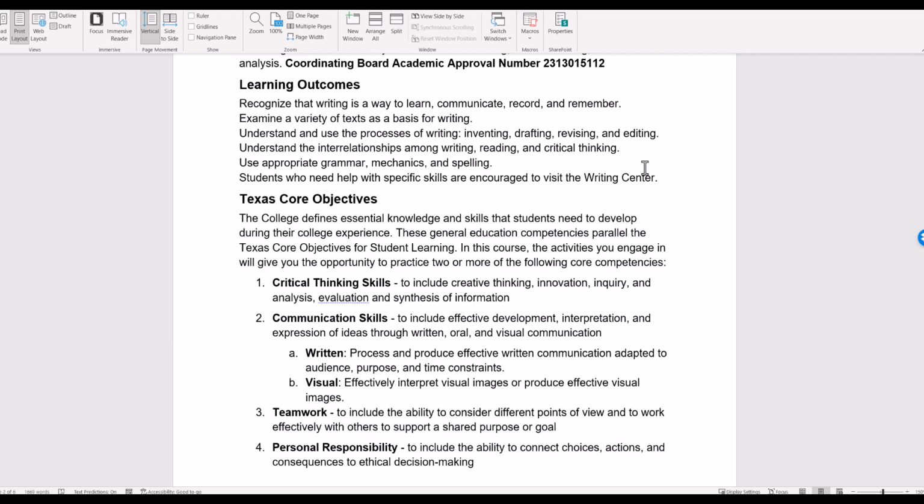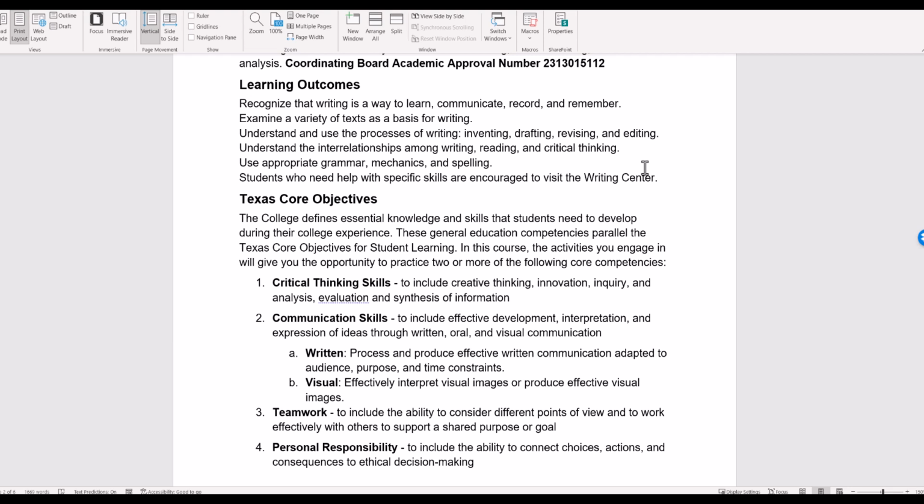We learn to understand the interrelationships among writing, reading, and critical thinking. Hopefully, we've learned to use appropriate grammar, mechanics, and spelling. We also were encouraged to visit the Writing Center to enhance our writing skills and, as a result, our course grades.